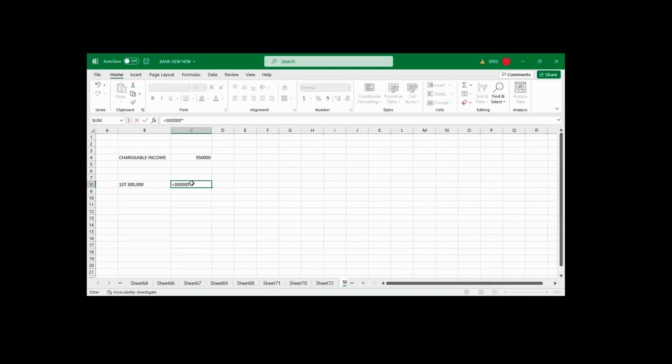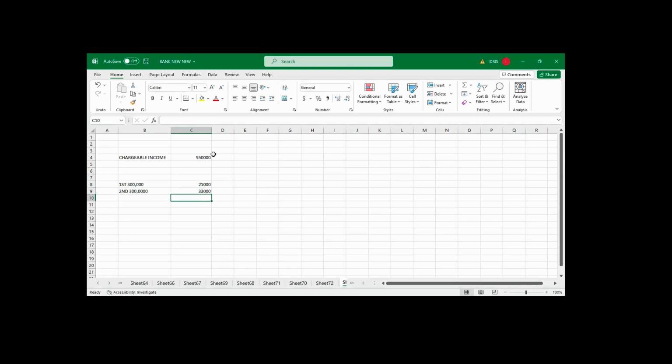At 7%. Second 300,000, that one is going to be assessed at what percentage? 11%.